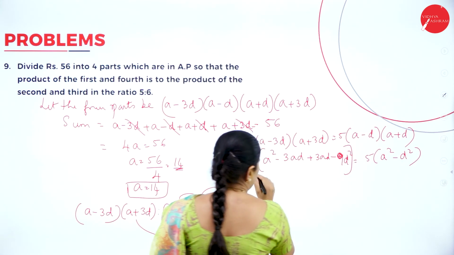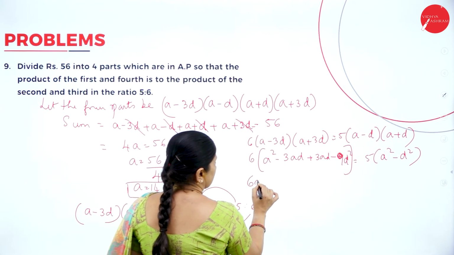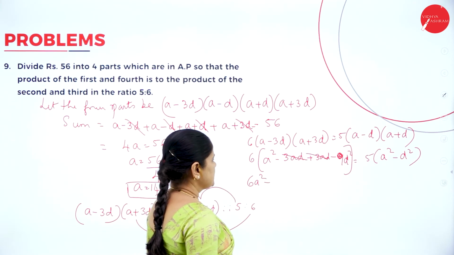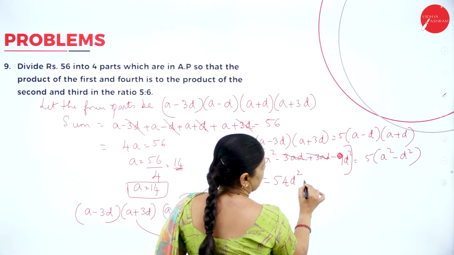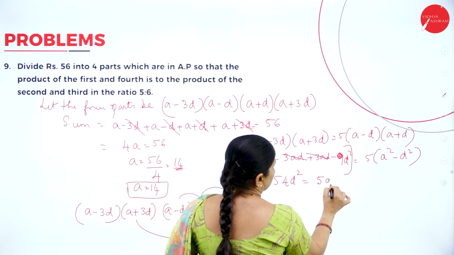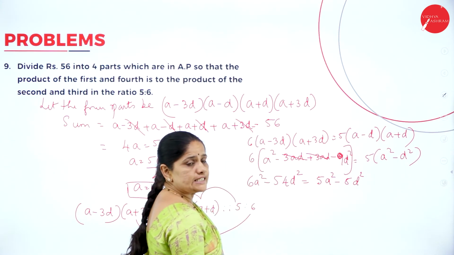Now, I multiply into 6. So, 6A square, 6 9s are 54, minus 54D square equals 5A square minus 5D square.